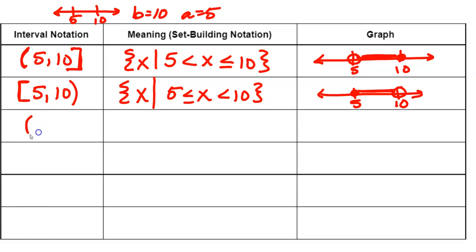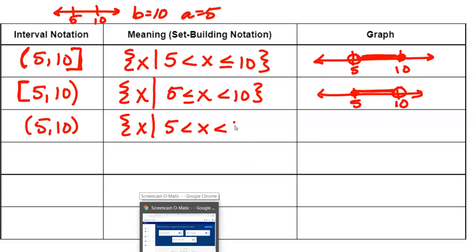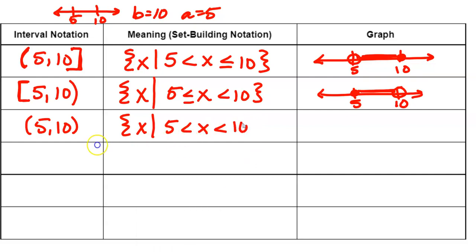Now, if I do just a double parenthesis there, that basically means that I'm not including any of those endpoints. So to write it in set builder notation, we have all x such that 5 is less than x, which is less than 10, with our brace. And so again, we have less thans that go with our parentheses. We have brackets and equalities.